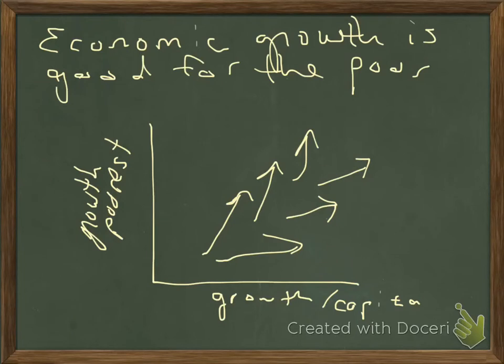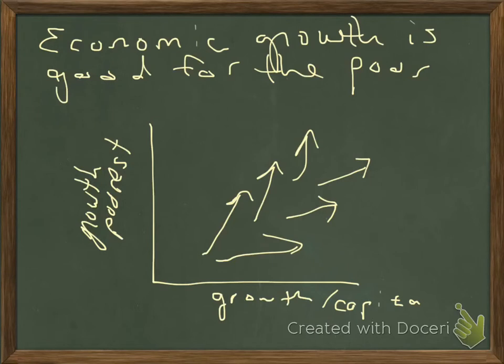I mean, I've talked to you about the pie. As the population gets bigger, we have to slice the pie into more and more slices, and so the only way we can keep even is if the pie itself grows. So economic growth is essential if you have population growth.